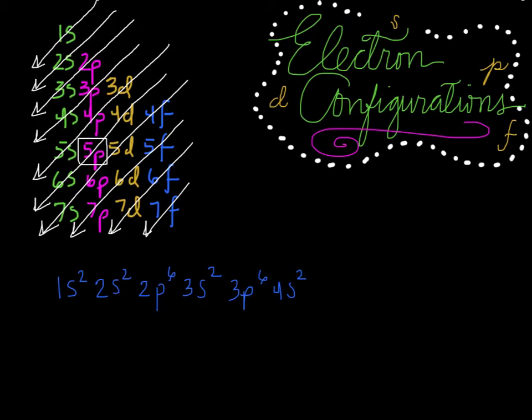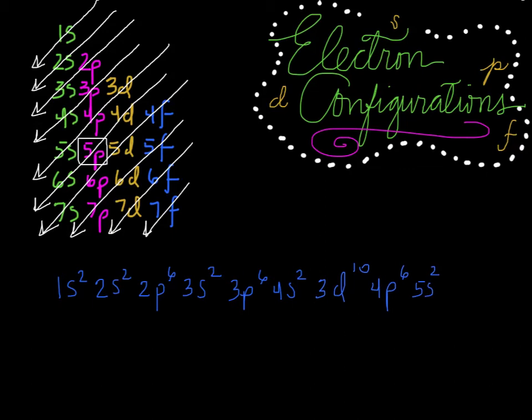So after my 4s, I'm going to go to 3d. And a D level, SPD, D level gets 10 electrons. 4p, that's another 6. And the 5s gets 2, the s right there.